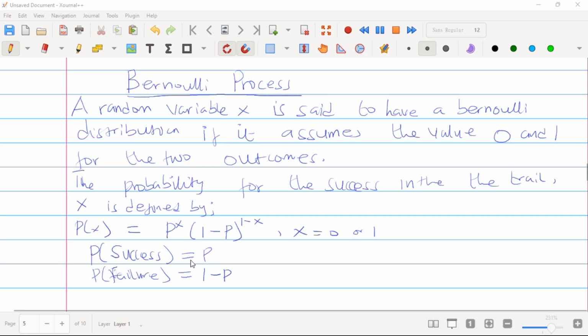So the probability of success here is p, and the probability of failure is 1 minus p, right? As you can see in the PMF, p is the probability of success, and 1 minus p is the probability of failure.